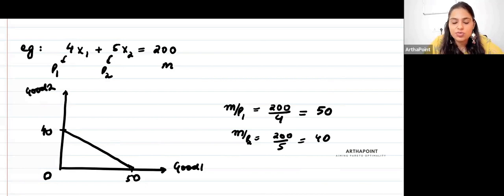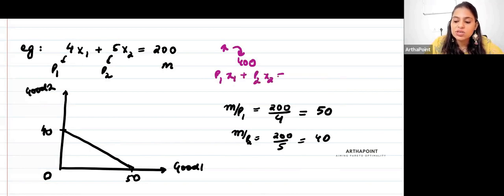Suppose now I tell you that there is increase in the income of the consumer and income increases to 400, suppose. Then what will happen? What will be your new budget line? It will be P1 x1 plus P2 x2 is equal to new income.